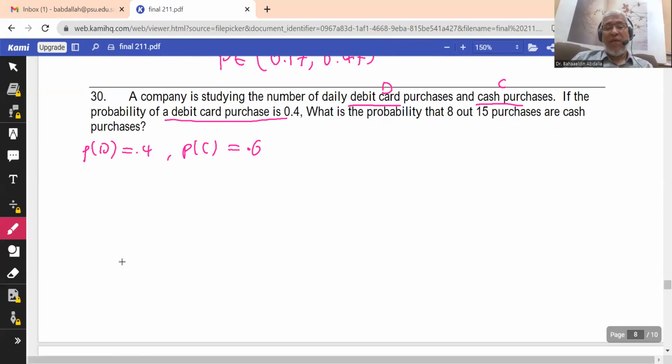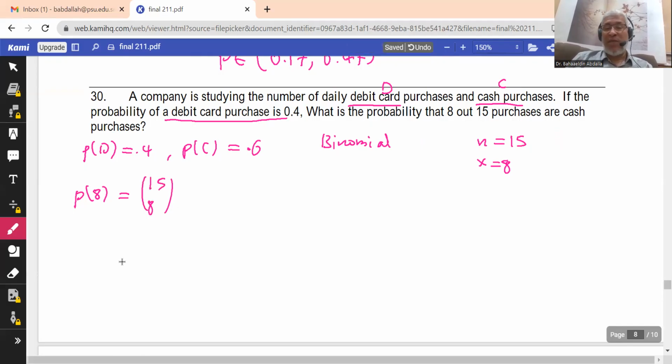So we can say here that we have a binomial distribution, and the number of purchases is 15 and 8 out, so this is X. So he's asking about the probability of 8. And the formula for binomial, N is 15, 15C8 times P. Now P is the probability of success.